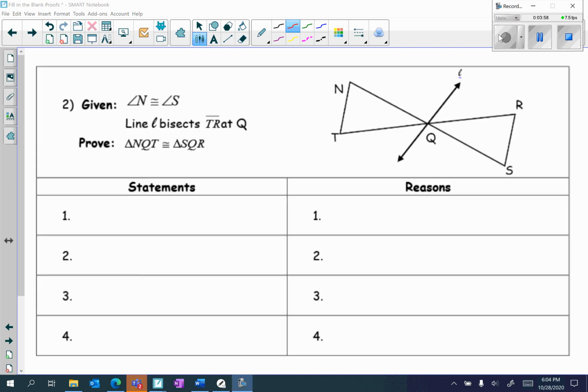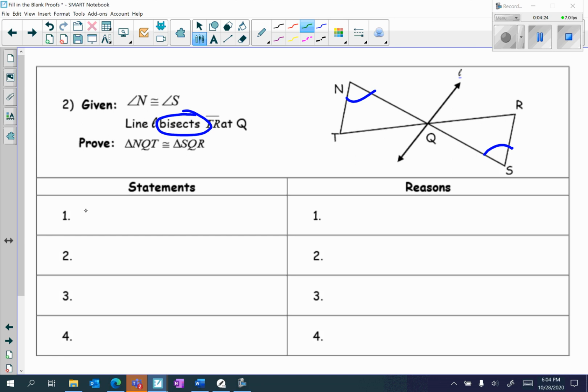Let's do this next proof. We have given angle N is congruent to angle S, and line L bisects TR at Q. I see the word bisect, so I'm going to circle it and make sure to use that as one of my reasons.